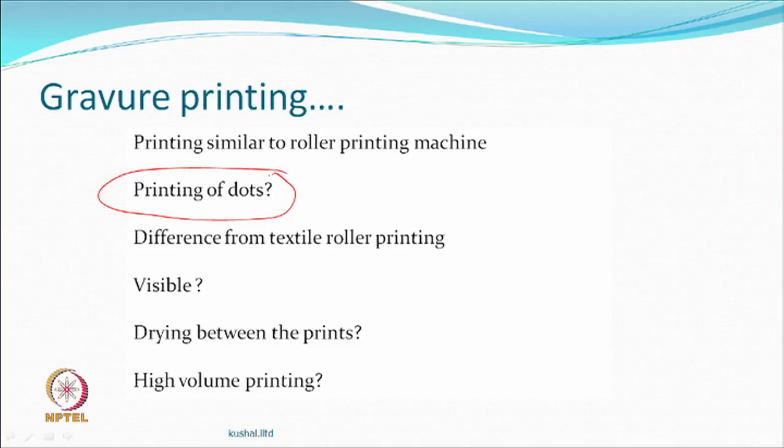And so, as I said, you can actually go and see under a microscope, and these dots will be visible. The drying between the prints, you may have to consider, because the portion which comes in contact is also the portion which has no design on it. So, you print, and the next roller will come.